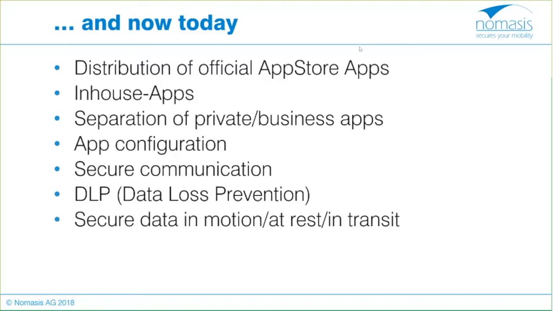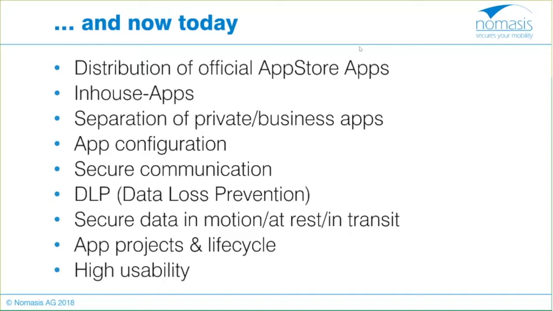And, of course, we secure data in motion, at rest, and in transit. This all leads into app projects and lifecycle management, which increases the usability for users, because the only thing they need to do is register in their MDM, and everything else is basically configured for them.